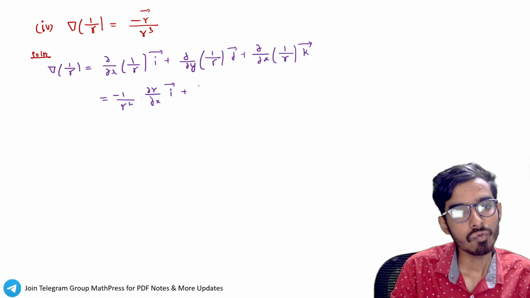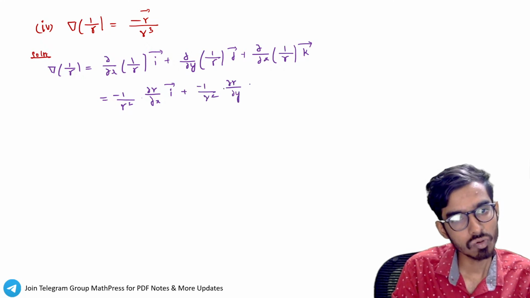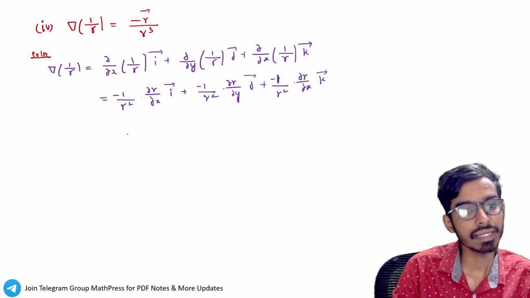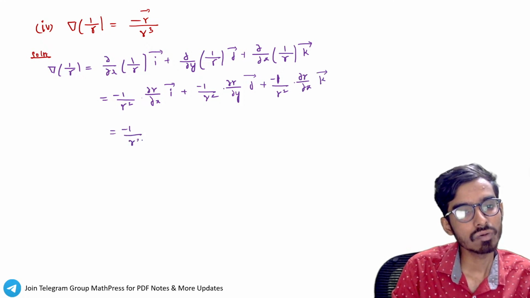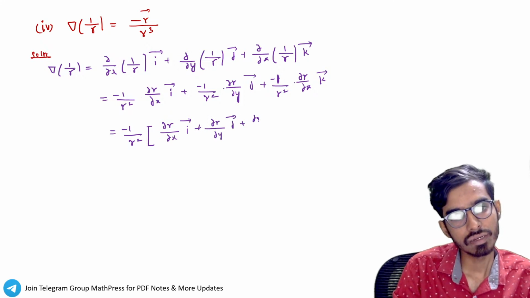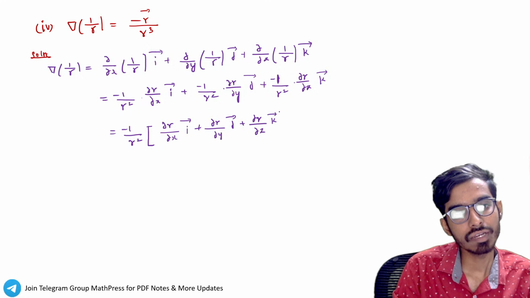And the derivative of 1 by R is minus 1 by R square into dou R by dou y into j vector. And this will be minus 1 by R square dou R by dou z into k vector. So if I take this minus 1 by R square outside, we will be having dou R by dou x i vector, dou R by dou y j vector, dou R by dou z into k vector.